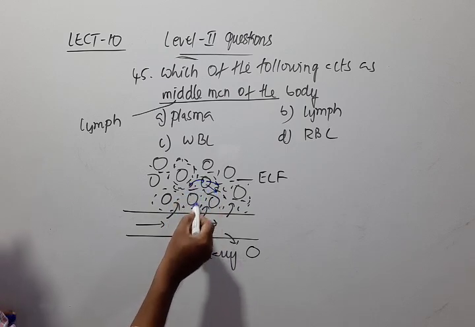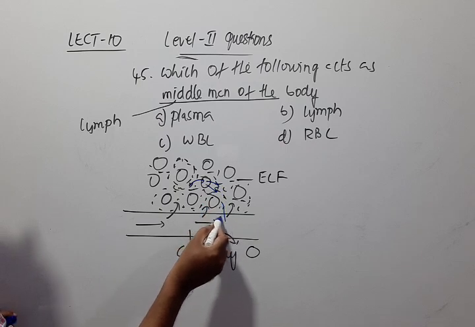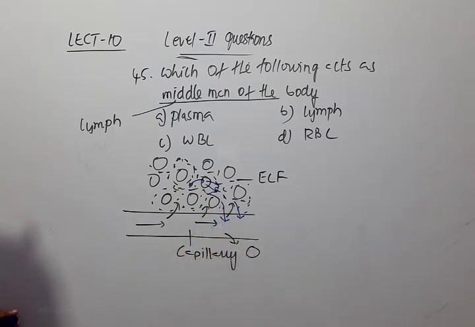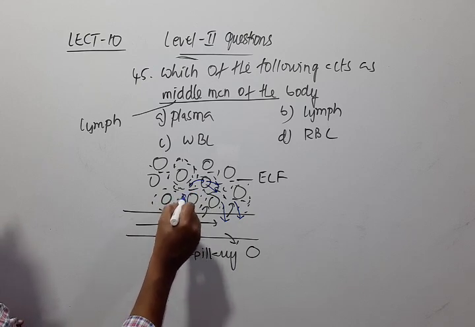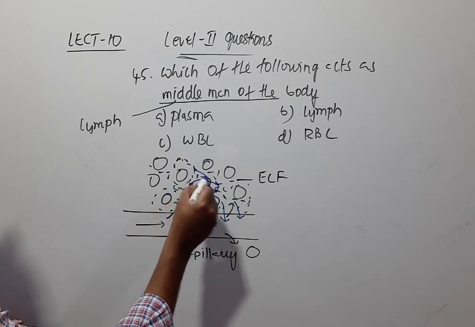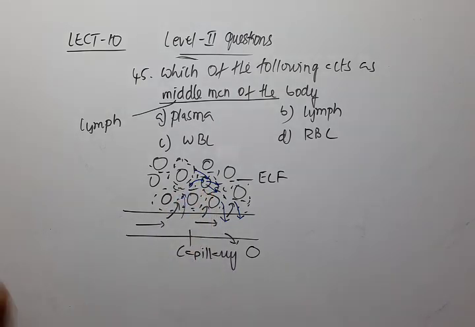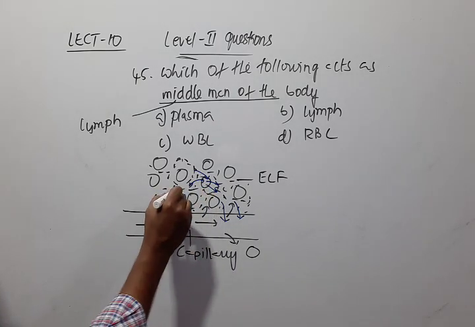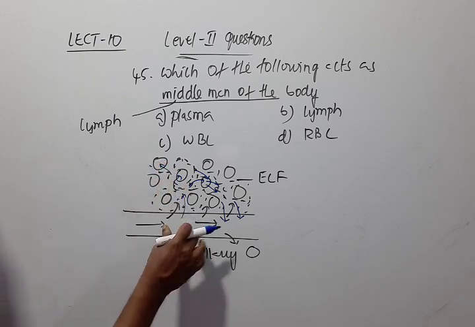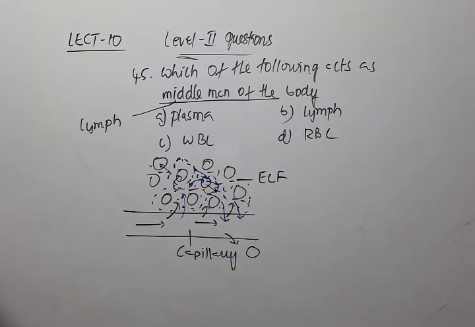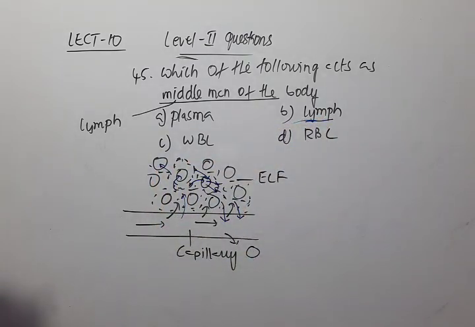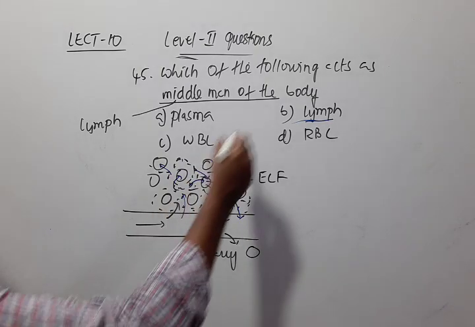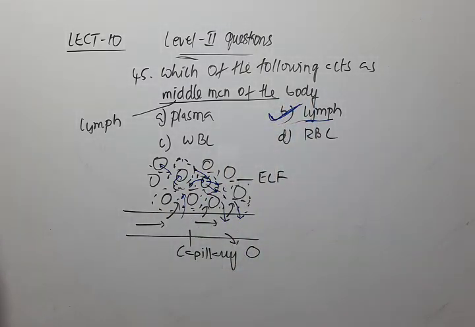The waste materials pass into this and from there enter the capillaries, and the glucose from the capillaries enters the ECF and from there enters the cells. The blood never comes in direct contact with the cells; it all takes place through this fluid, that is lymph. So the middle man of the body is lymph.